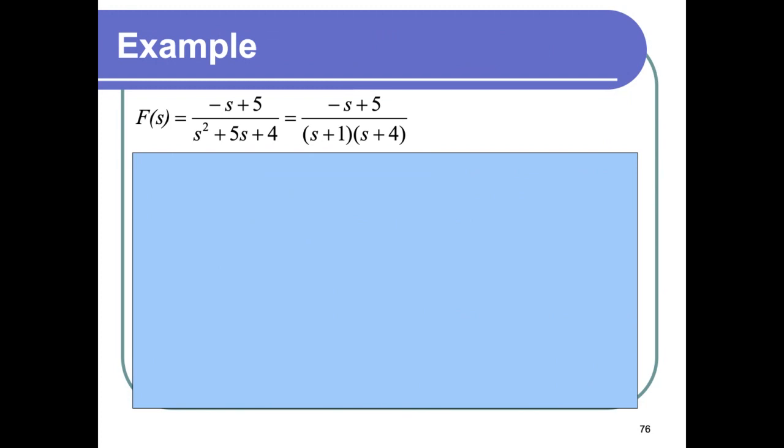So we have F of s being equal to (minus s plus 5) over (s plus 1) multiplied by (s plus 4). So this is equal to A1, the first pole, over s plus 1, plus A2 over s plus 4.